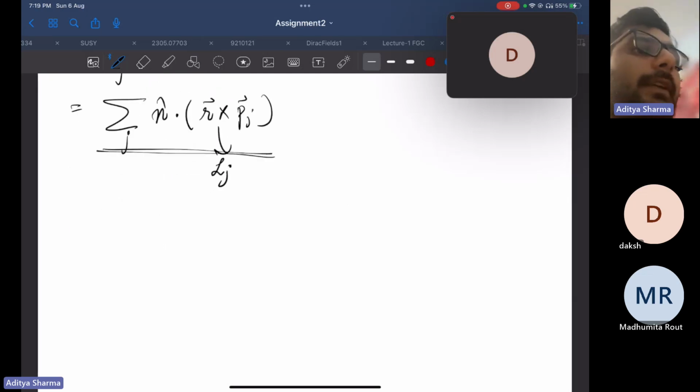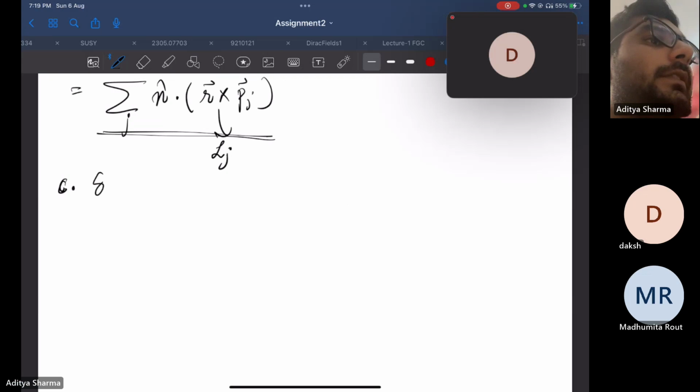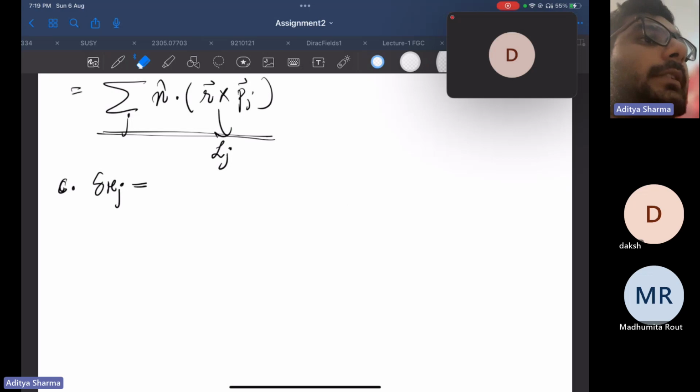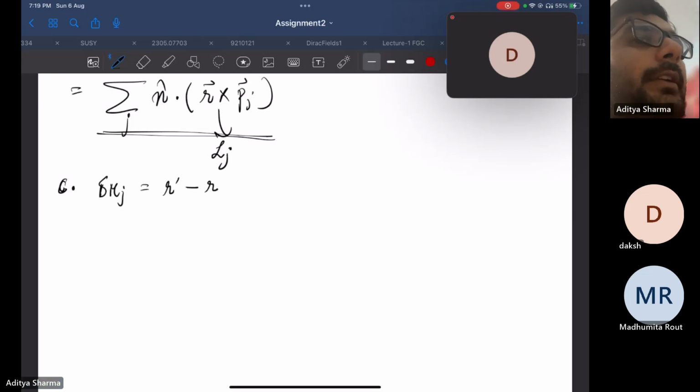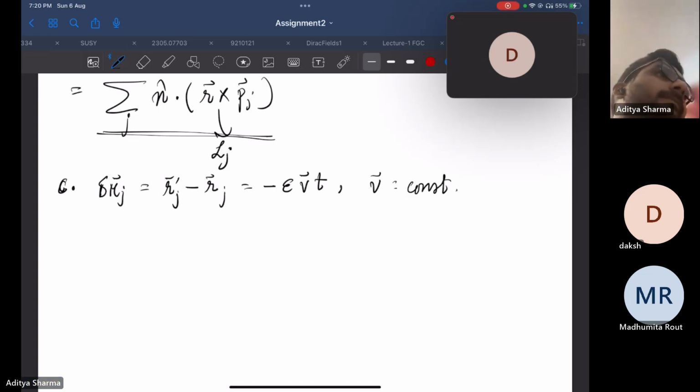Now we'll consider something new, which is this. The change, that is the new coordinate minus the old coordinate, is equal to minus epsilon v times t, where v is a vector and v is a constant vector. Okay.